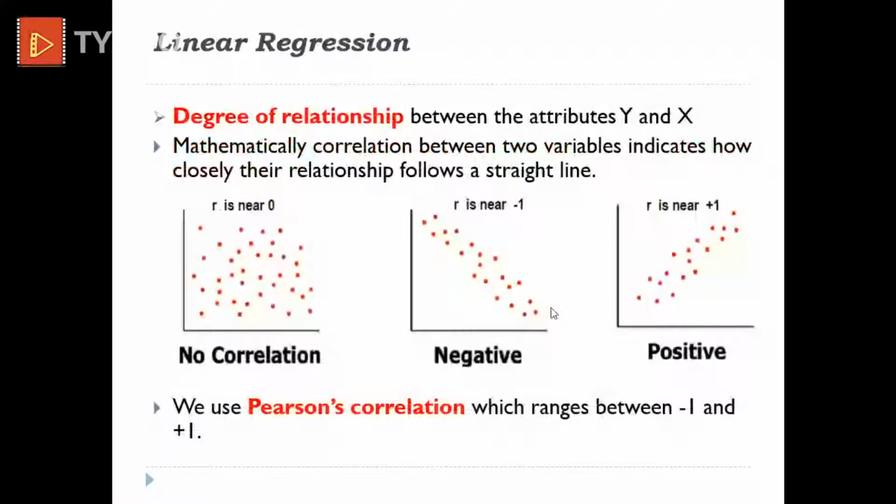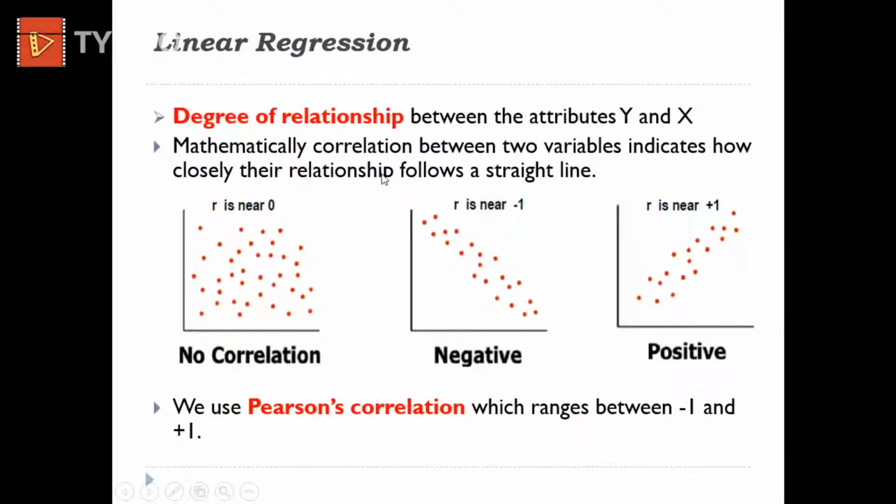Before generating a model, the next aspect which we need to understand is the degree of the relationship between both the attributes y and x, that is our independent and dependent variables. Mathematically, correlation between two variables indicates how closely their relationship follows a straight line.